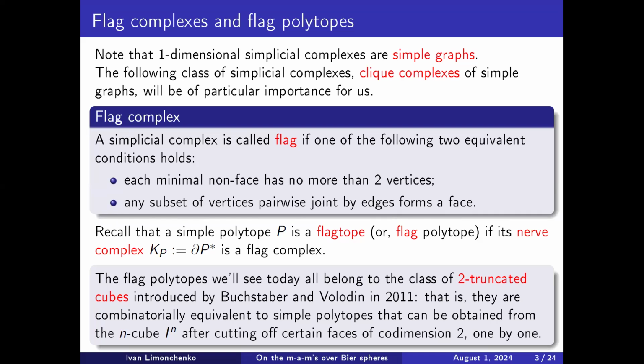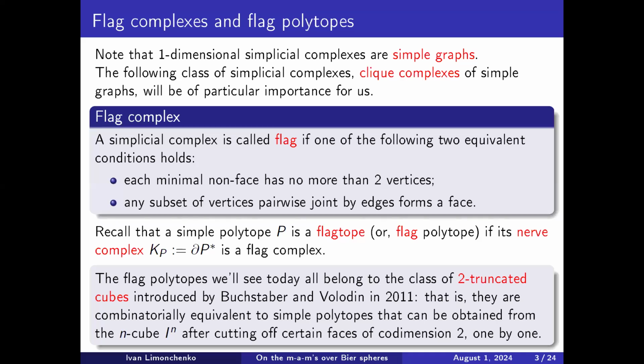So flag simplicial complexes are those in which minimal non-faces have no more than two vertices, because, as I mentioned previously, ghost vertices are okay in this talk. Equivalently, any subset of vertices which are pairwise joined by edges spans a simplex, a face.